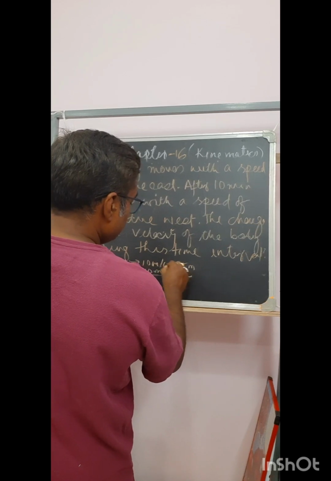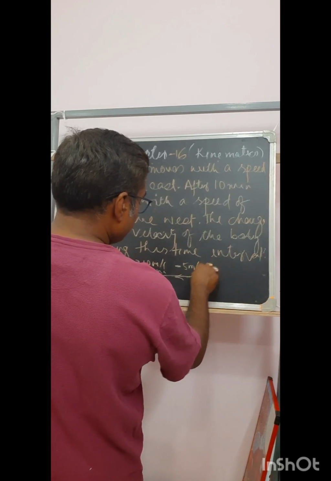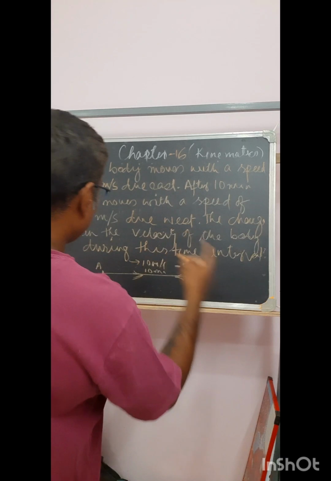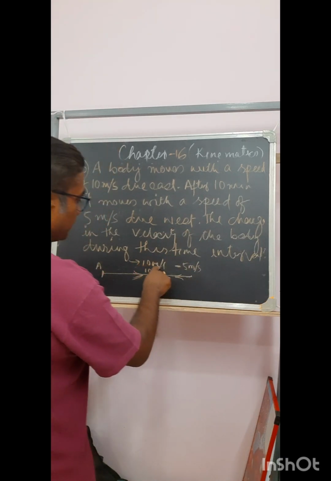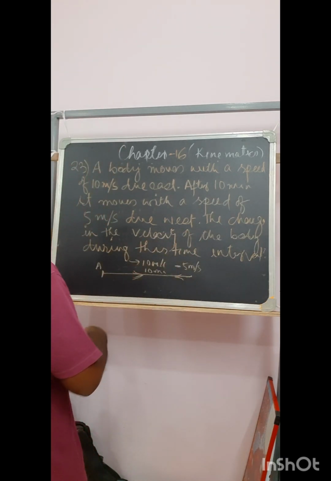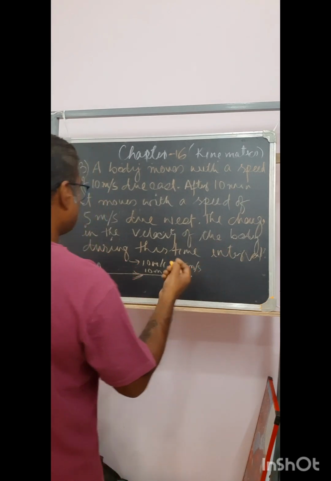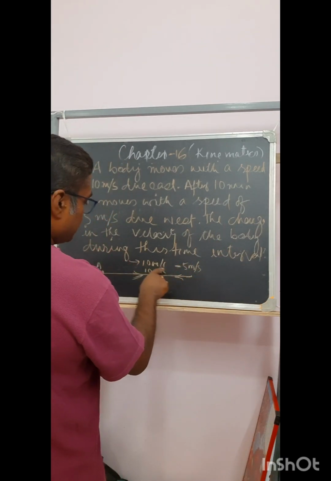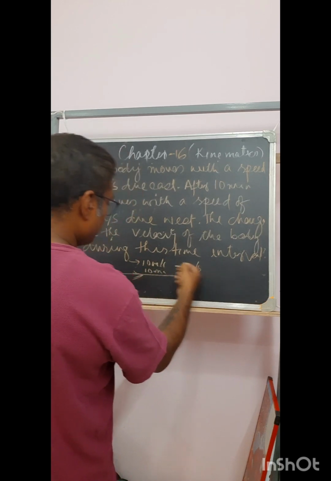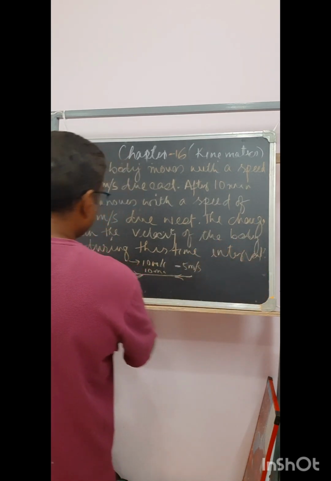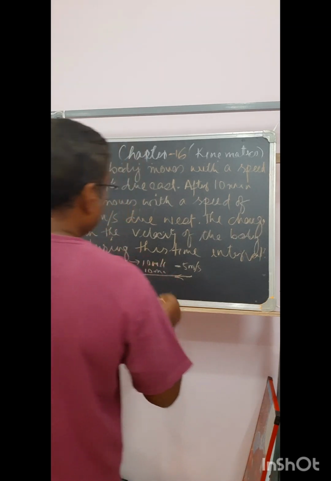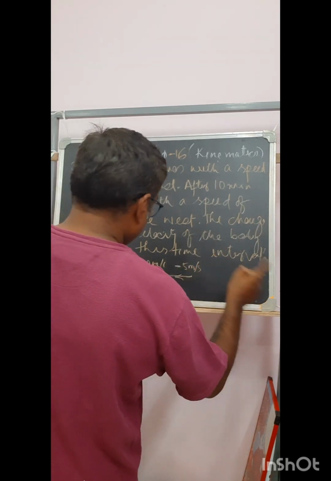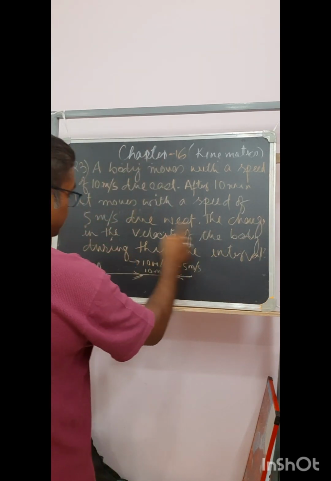So I can take it as minus 5 meter per second westwise, but it is not said that it has come to a standstill. So there is the trick you have to understand. It has not said it has come to rest, then moved in the reverse direction. So what is the change in the velocity?